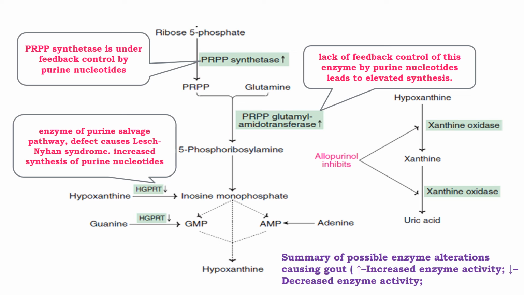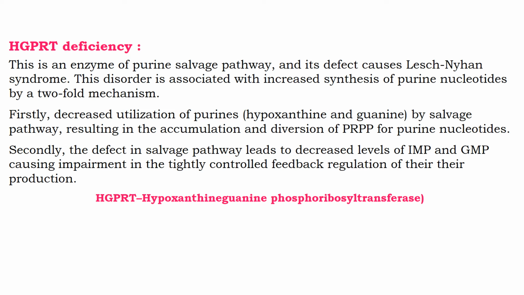So these two can be inhibited by allopurinol. So if there is a lesser amount of uric acid, definitely this will not accumulate in the joint. Now we will talk about the HGPRT deficiency.